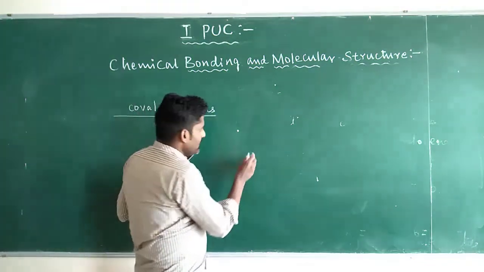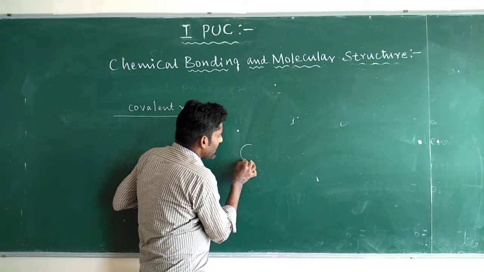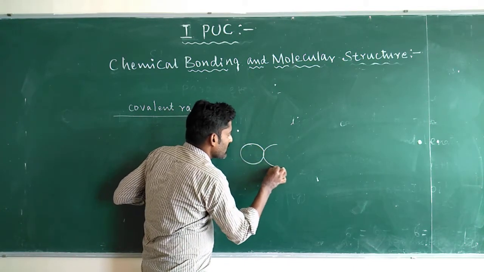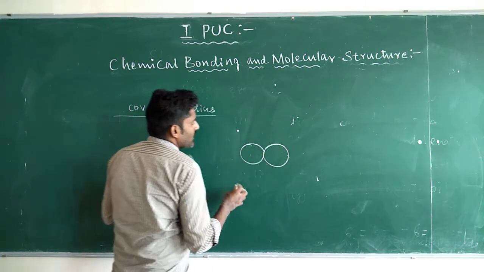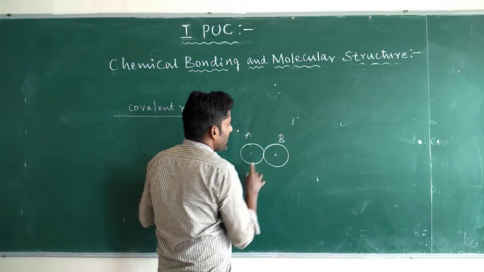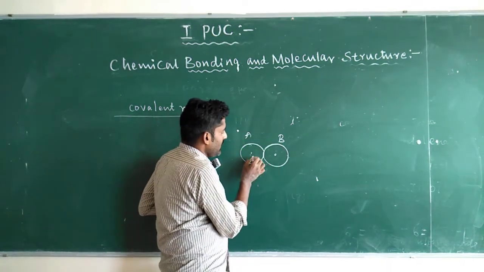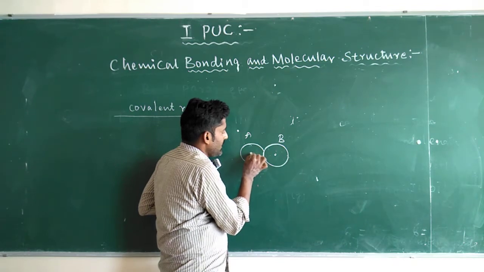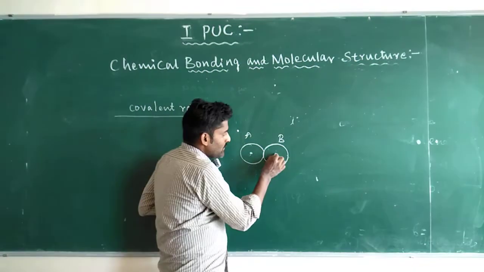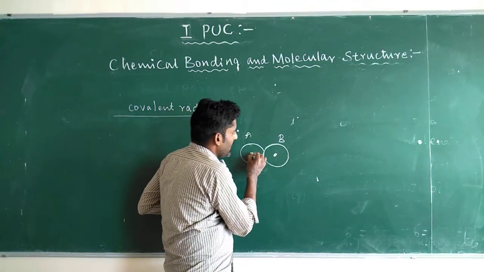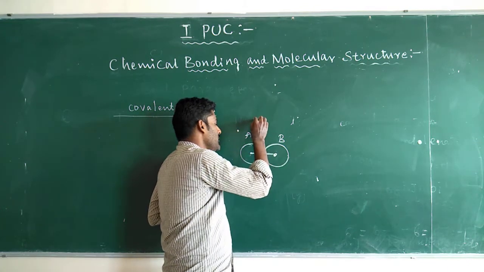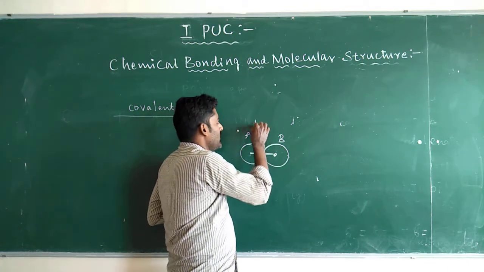Let us consider two covalently bonded atoms in a molecule AB. Now the distance from the center of the nucleus of atom A to the center of the nucleus of atom B is called what? Bond length. This is the bond length, the covalent bond.